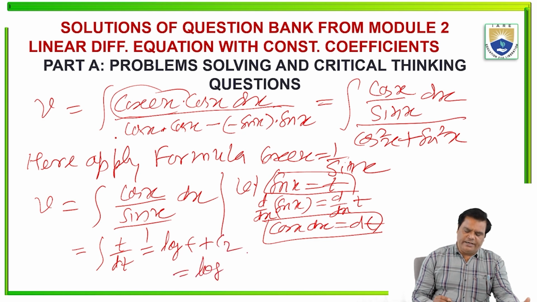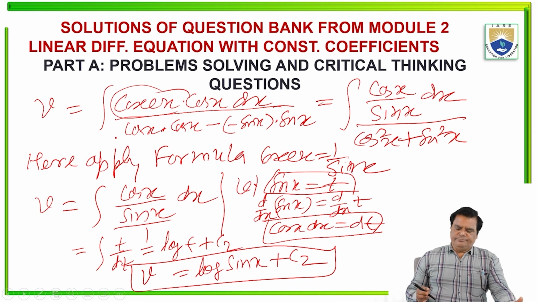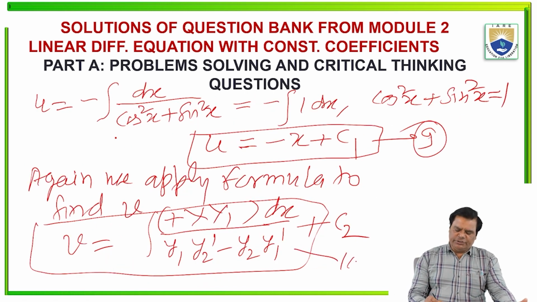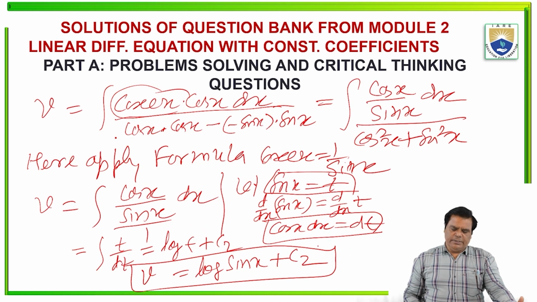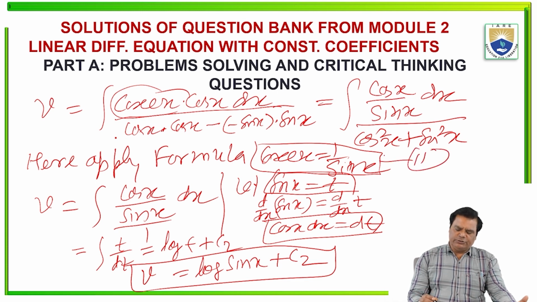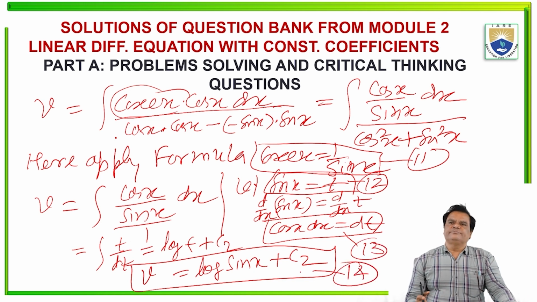So log of sin x plus c2. This is the value of v. Now this is 9, this is 10, and with this formula, this is 11, this is 12, this 13, this 14.